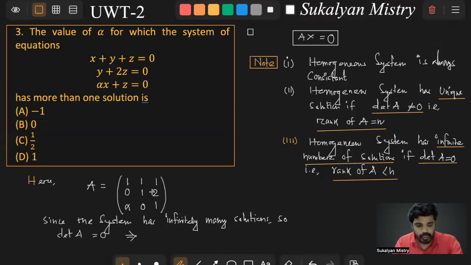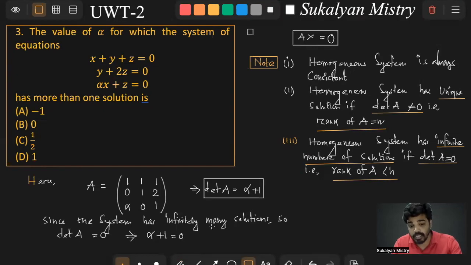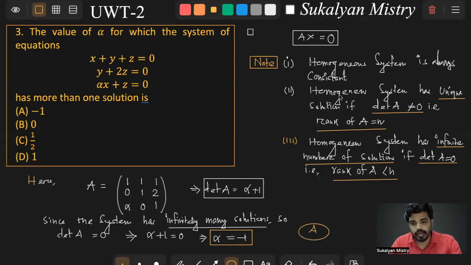Okay, so just you calculate determinant of A, মানে এটা যদি determinant calculation করি তোমরা নিশ্চয়ই ক্যালকুলেশন করতে পারবে। So determinant of A, you will get alpha plus 1. So determinant A is equal to 0. It is given that the system has infinitely many solutions, that is more than one solution. So alpha plus 1 is equal to 0. So this implies alpha is equal to minus 1. So which option is correct? So option A is the correct answer. Okay, clear?